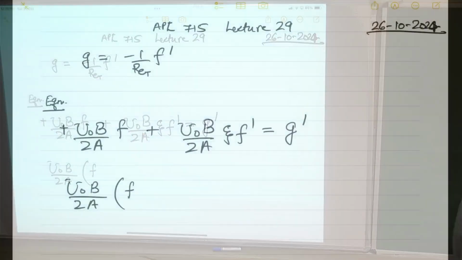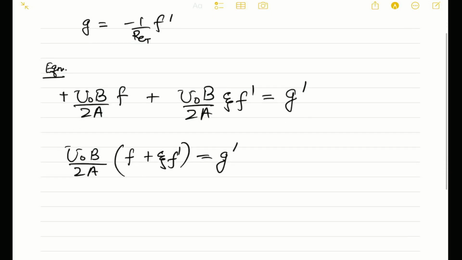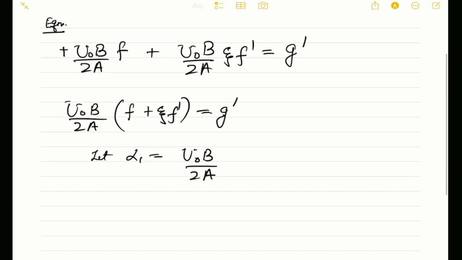And this G prime, we will convert it in terms of F double prime, but that will come later. But let's see now. So now let alpha 1 be equal to u0 b upon 2a, which is a constant.